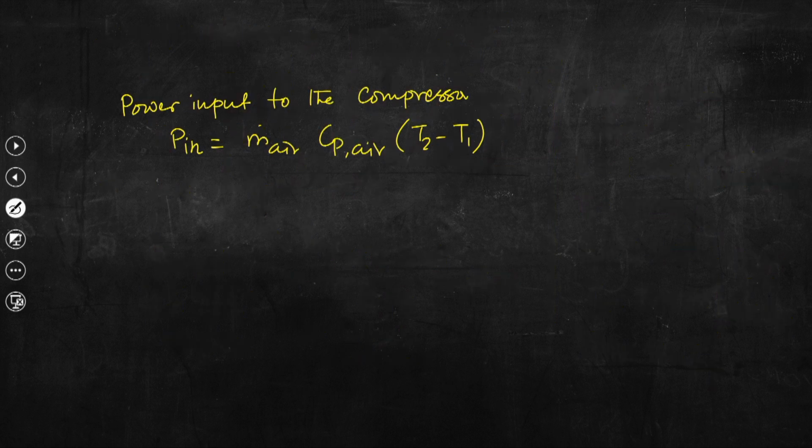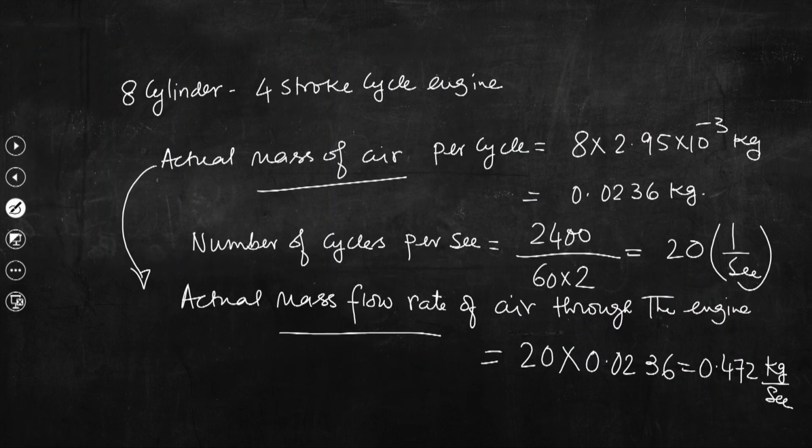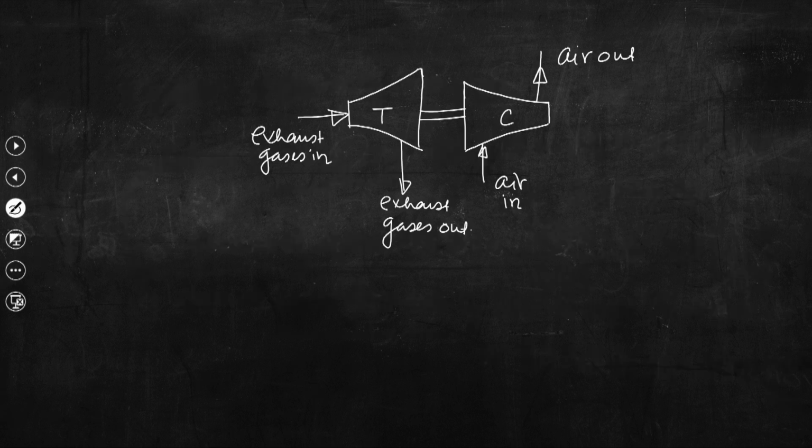If we plug in the value, m dot air that we have already calculated is 0.472 kg per second, that is the actual mass flow rate of air through the engine.